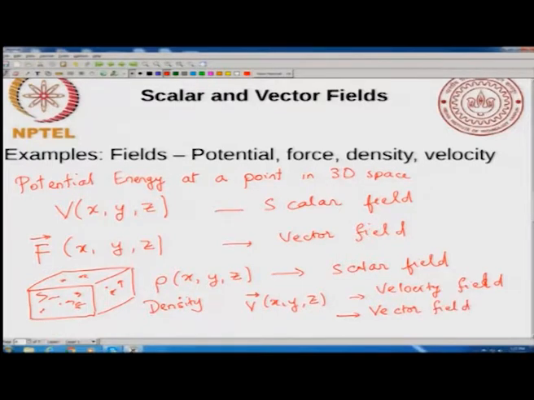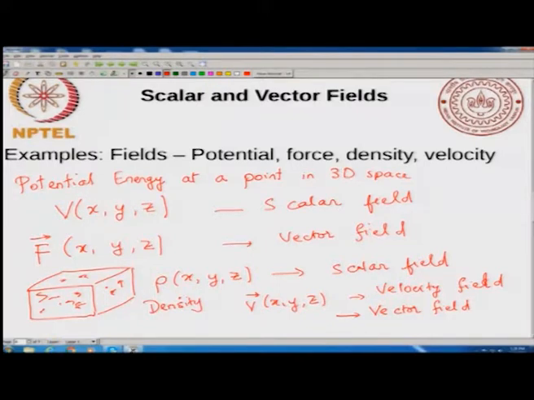So I just wanted to show you some examples of scalar and vector fields that you will encounter in various courses. One is the potential energy, which is a scalar field, or just the electrical potential. Okay. Then you could have a force at any point. So that could be a vector field. Similarly, if you have a fluid, then you can think of the density of the fluid at any point as a scalar field.